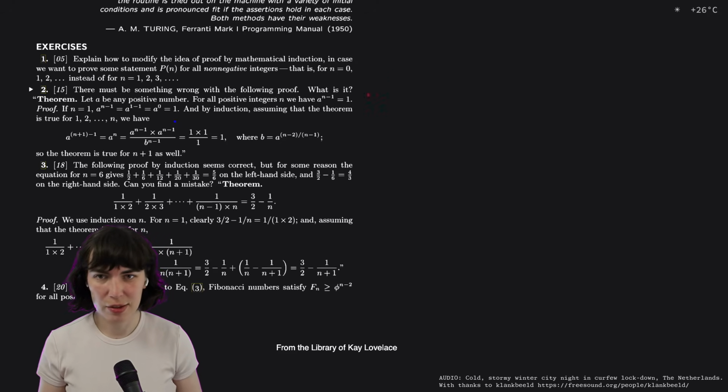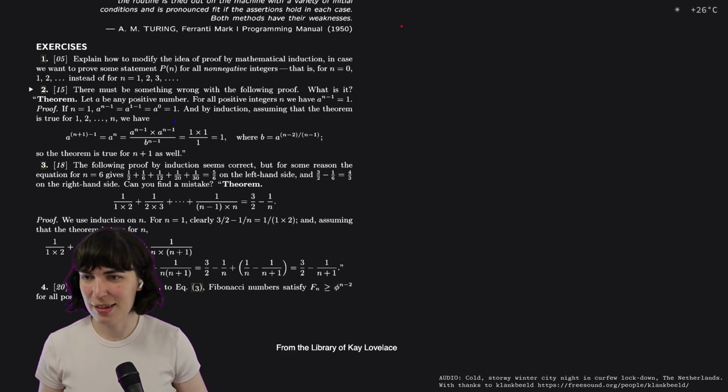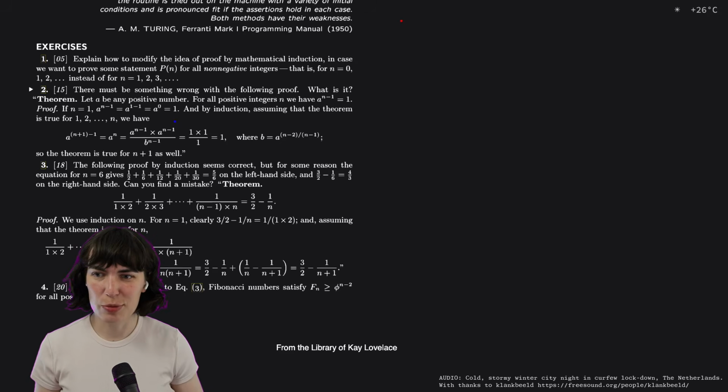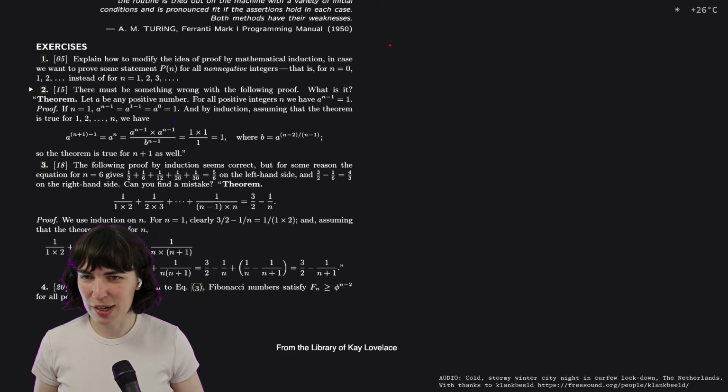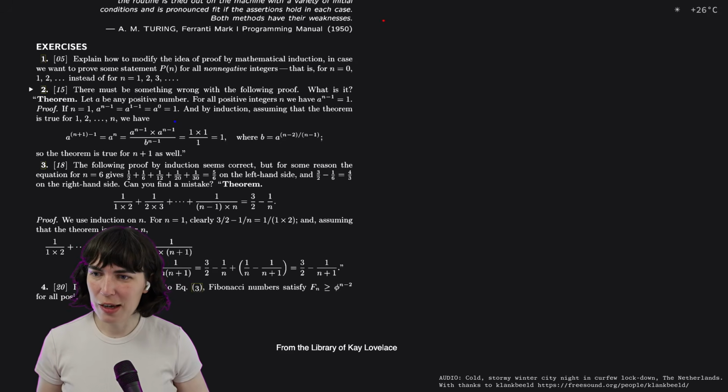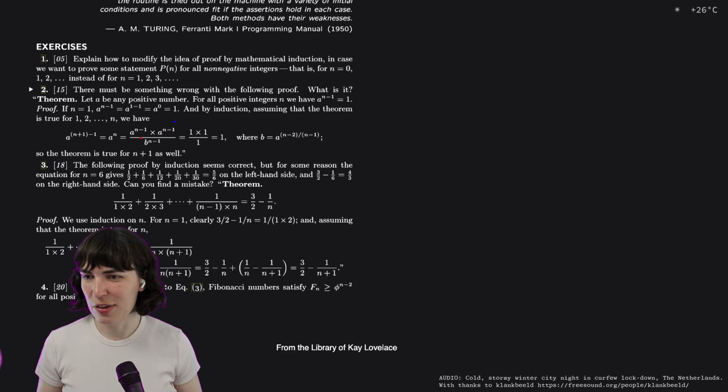Now, the correct answer here is that there is potential division by 0 in here. But this stumped me for a while. I kind of get the spirit of the proof, but I'm not really sure I can capture it. So the approach I took, after puzzling away at it, is I identified that this step was a trouble for me, and this step was a trouble for me.